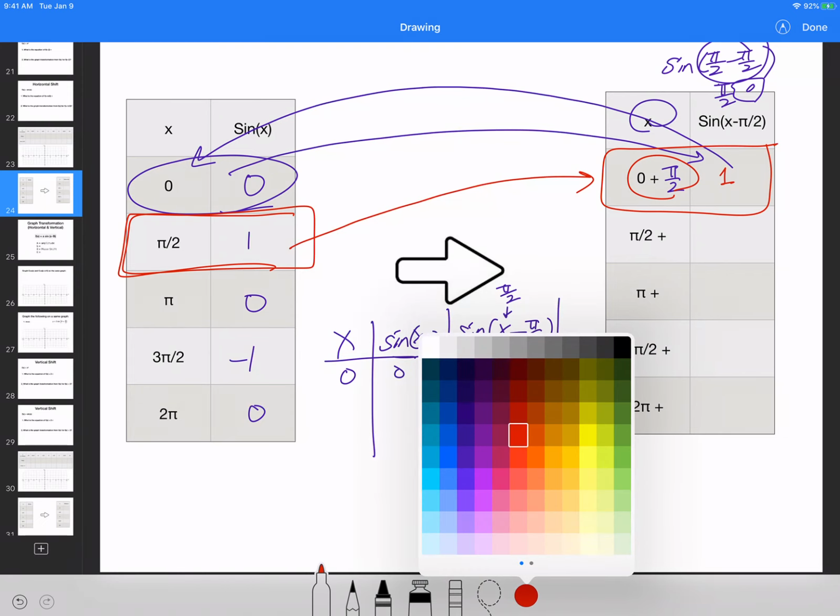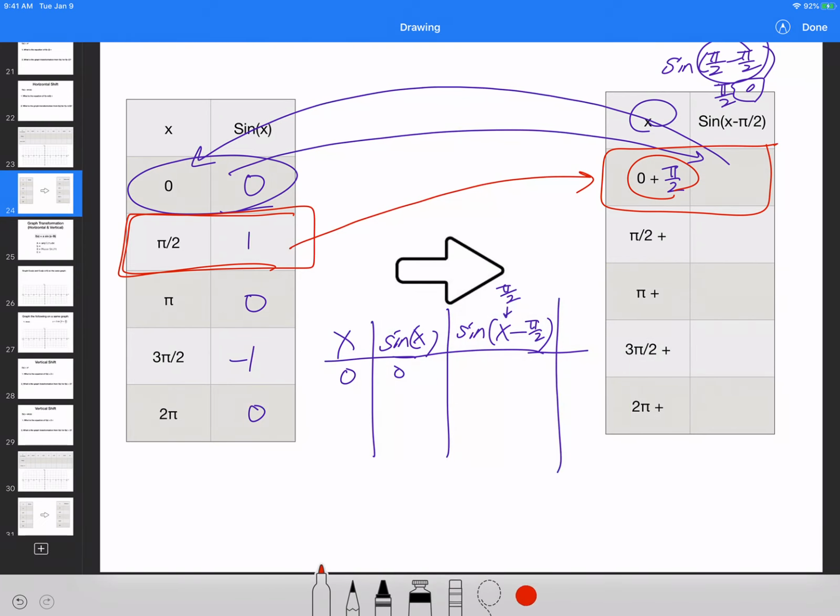Actually, I keep going back and forth, and I have to keep on switching back, so my apologies, but that would be 0. Now the only reason for that is because, I'm going to erase all this. Okay, all right, so what's going to happen is that sine of x minus pi over 2, that means that when x is pi over 2, it's going to be 0, okay?